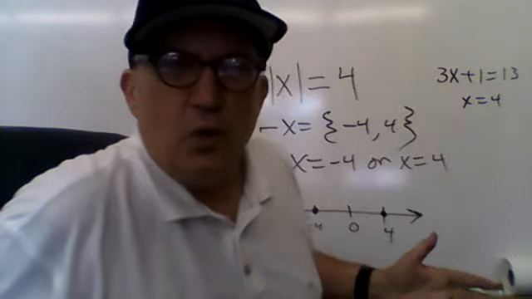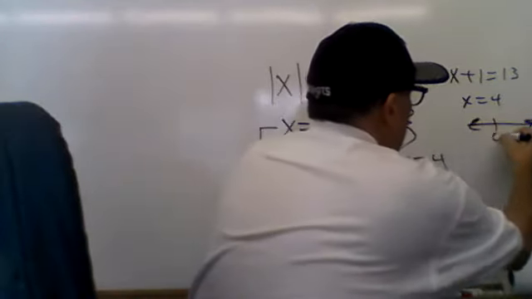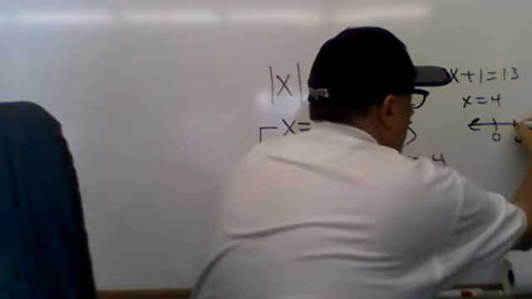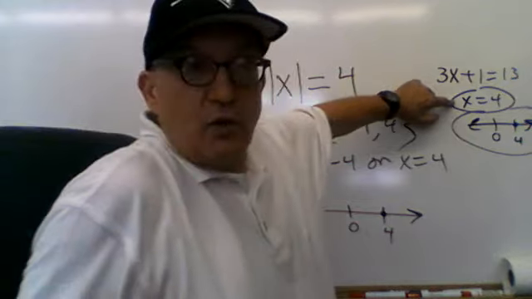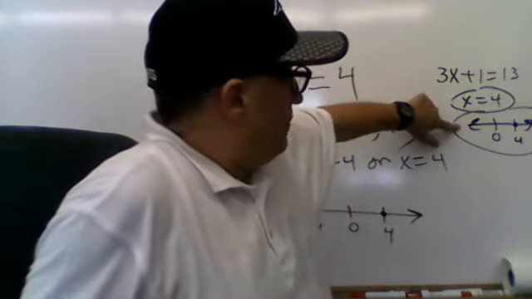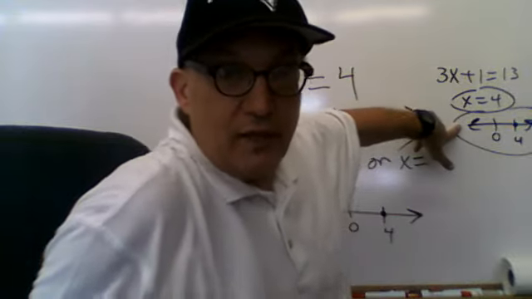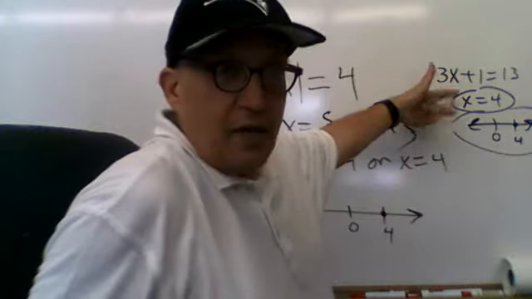X equals 4. We didn't generally go to a number line, find 4, and put a point there, but we could have. This would be the algebraic solution to the equation, and this here is the geometric, the graph solution to the same equation.